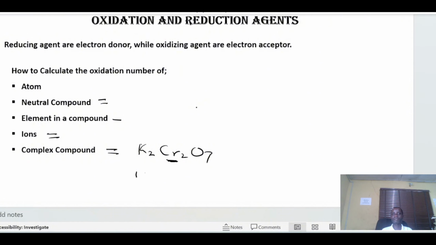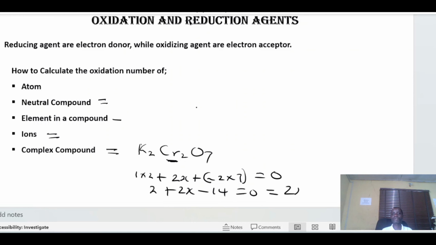That will be 1 times 2 plus 2x, because we have 2 chromium, plus open bracket minus 2 times 7 equal to 0, because it's a neutral compound. That will be 2 plus 2x minus 14 equal to 0, which is equal to 2x equal to 12. And then your x now be equal to what? 6.